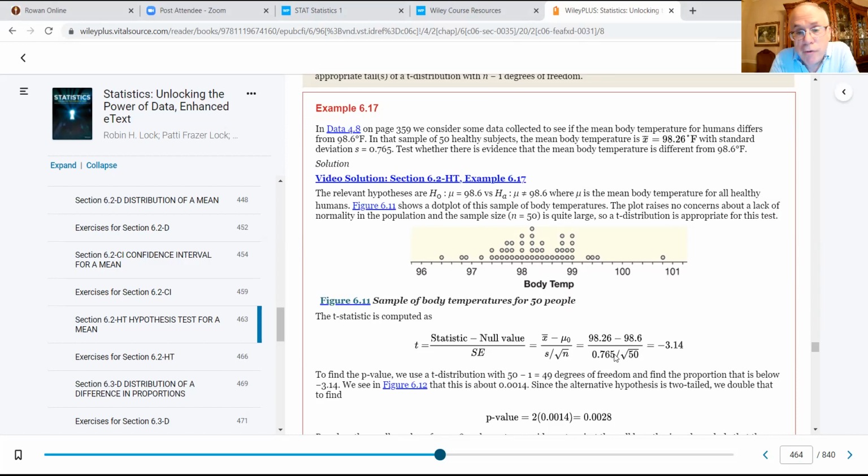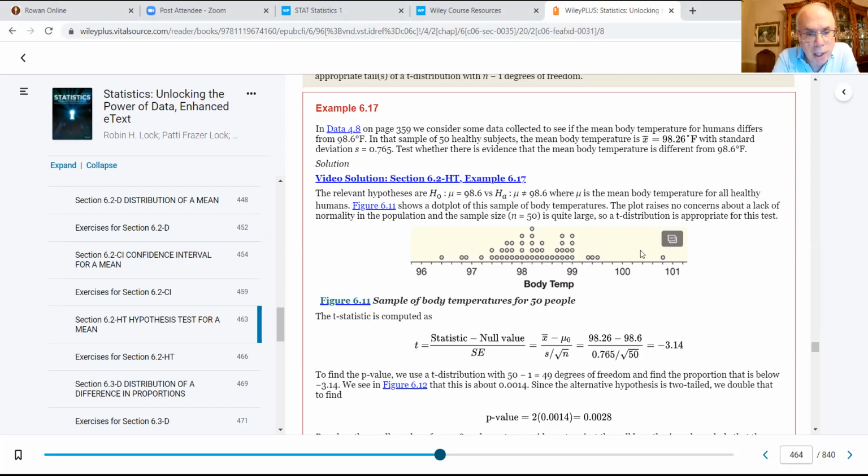Basically, if you entered all of these 50 numbers into your calculator and went to one variable statistics, you looked up X bar and looked up S. So X bar is 98.26, S is 0.765. So 98.26 minus 98.6 divided by 0.765 divided by the square root of 50, the square root of the sample size.